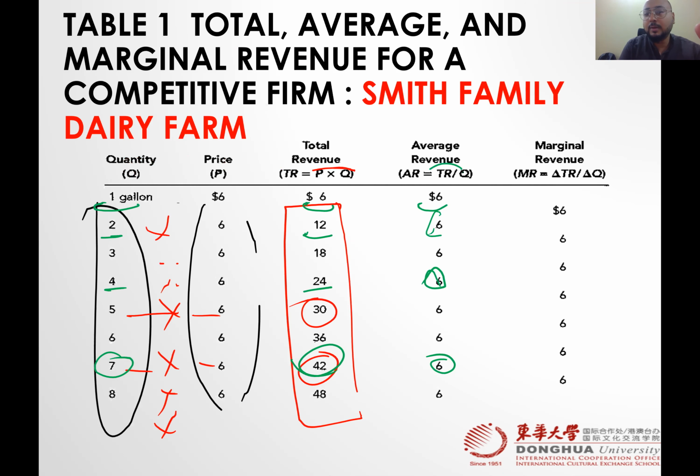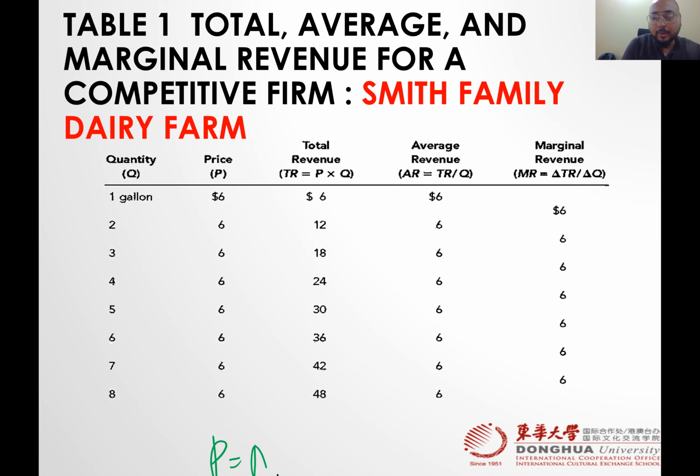Total revenue divided by quantity, right? So did you notice something? Price is equal to AR. 6, 6, 6, 6, 6, 6. So we have proved our one mathematical condition that price is equal to AR.